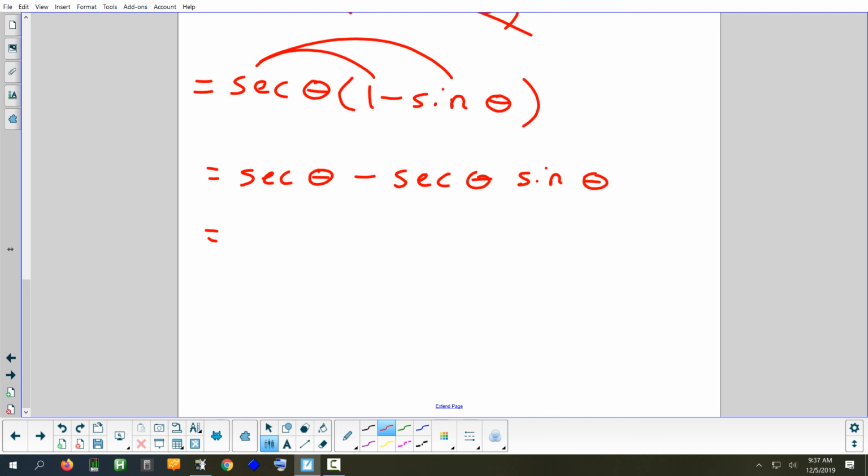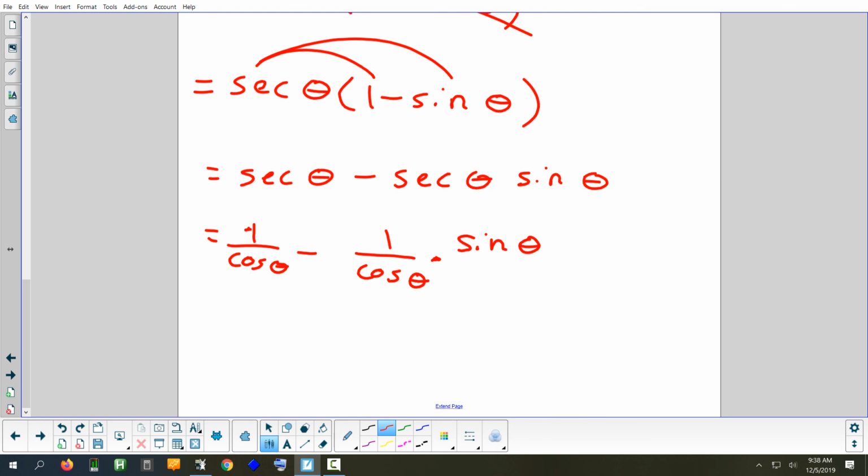Let's try changing secant to sine and cosine and see if something good happens. What is secant the same as? 1 over cosine, yeah. So let's try it. 1 over cosine minus 1 over cosine times sine.